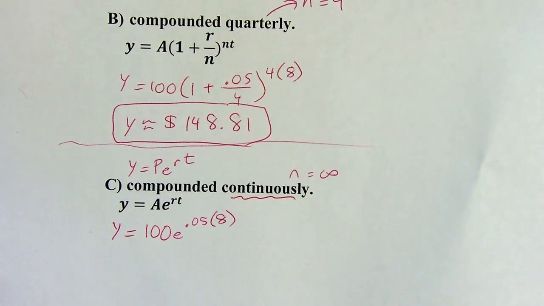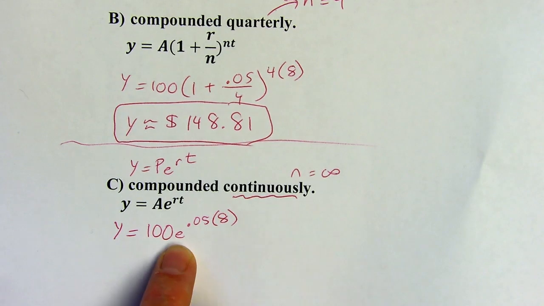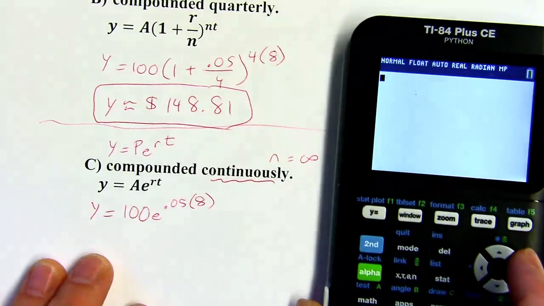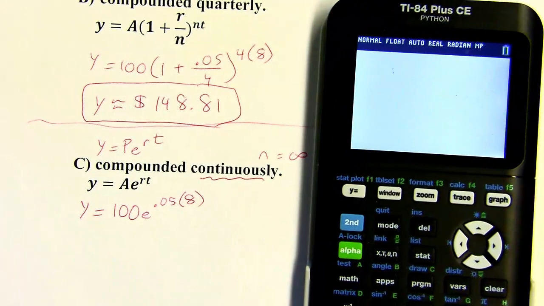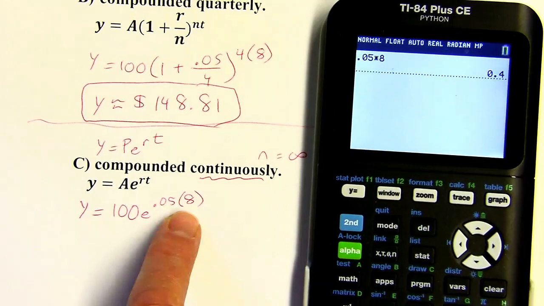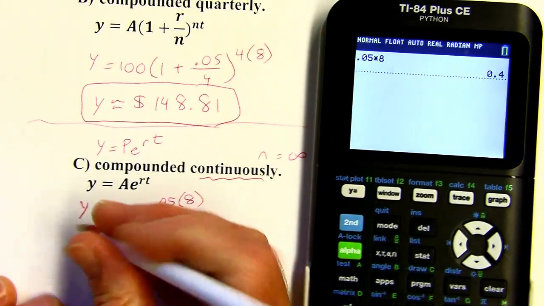So don't write in 2.718 because you want to use your calculator. It has a much longer decimal version of 2.718 in there. And the more of that you use, the better your answer will be. Okay, so I'm going to simplify the exponent here first.